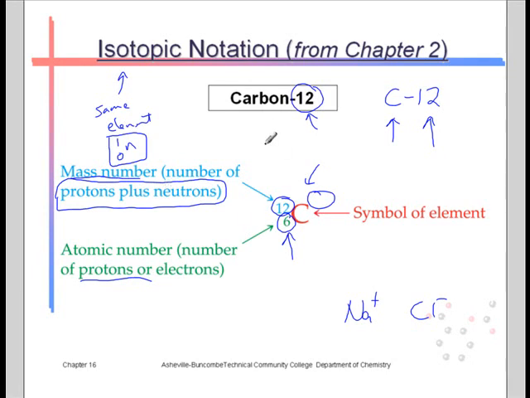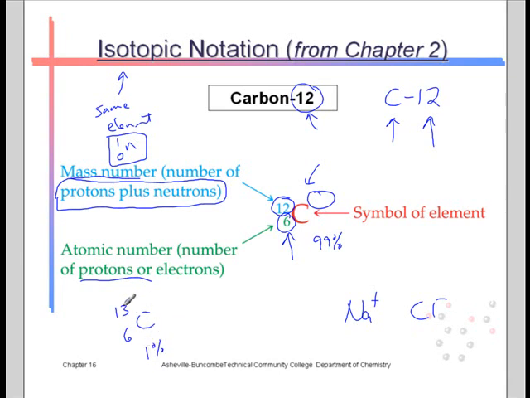For example, the element carbon has two naturally occurring isotopes, carbon-12 and carbon-13. Somewhere around 99% of the carbons on this planet are carbon-12, and somewhere around 1% is the carbon-13 isotope.